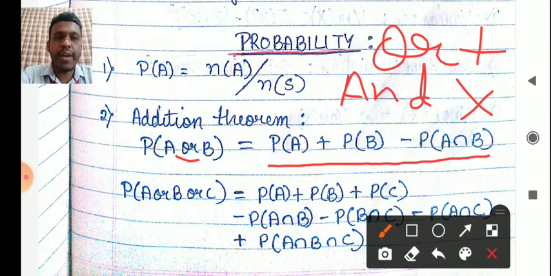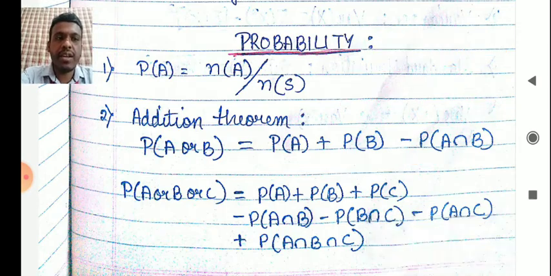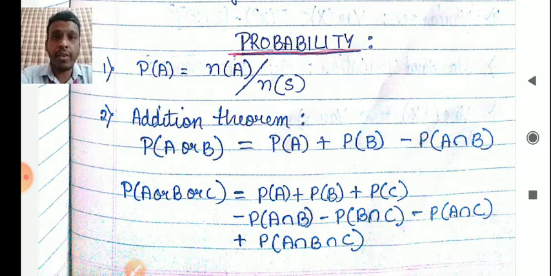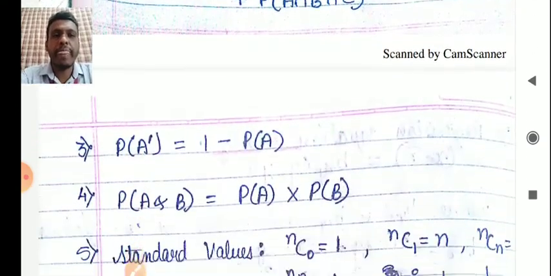And if you want to extend this, then we have probability of A or B or C, that is probability of event A happening or event B happening or event C happening, is equal to probability of A plus probability of B plus probability of C minus probability of A intersection B minus probability of B intersection C minus probability of A intersection C plus probability of A intersection B intersection C. How this is to be used and how this comes, we'll see in the later part.